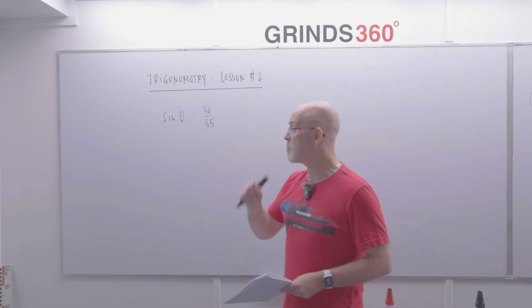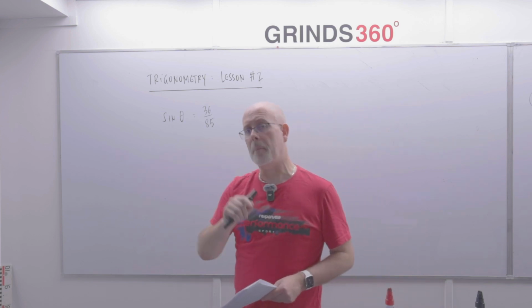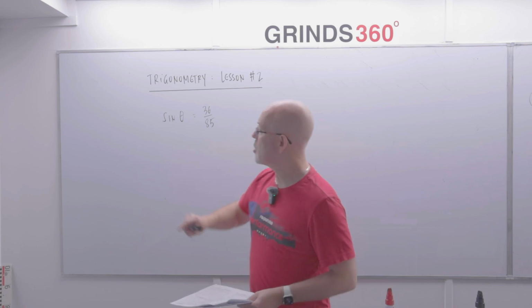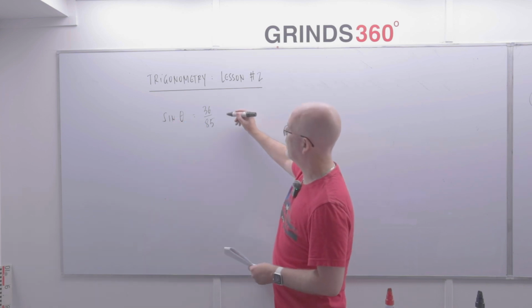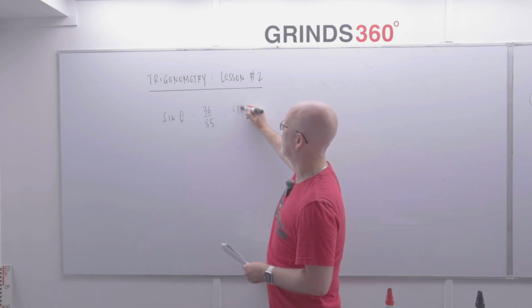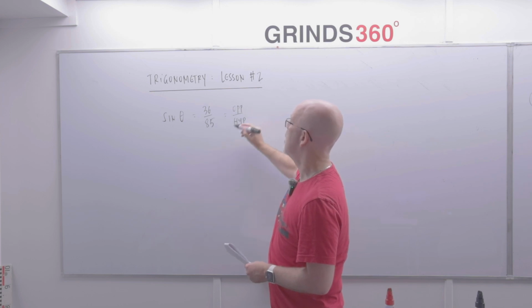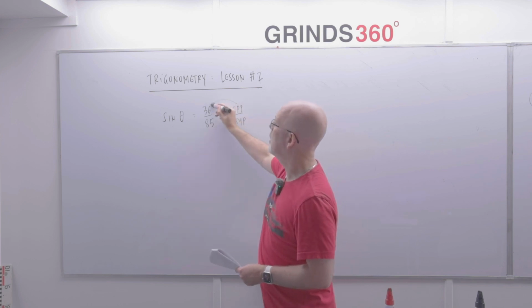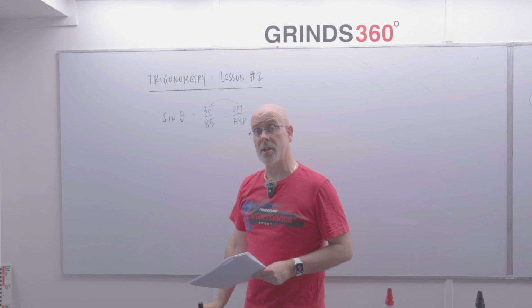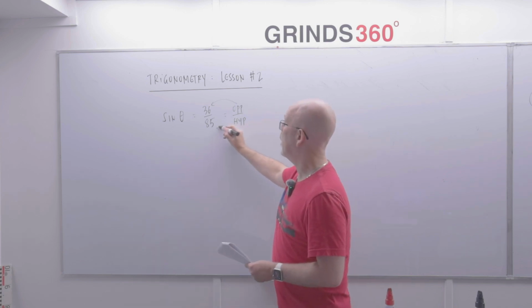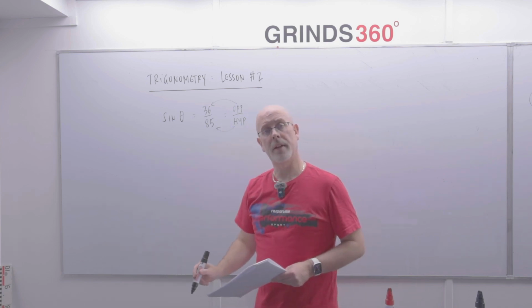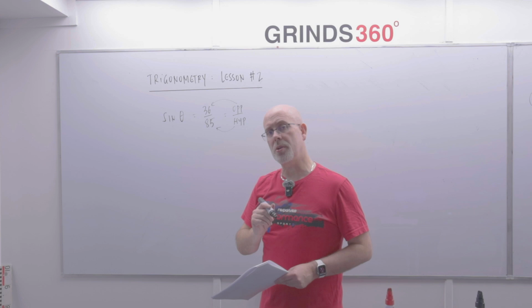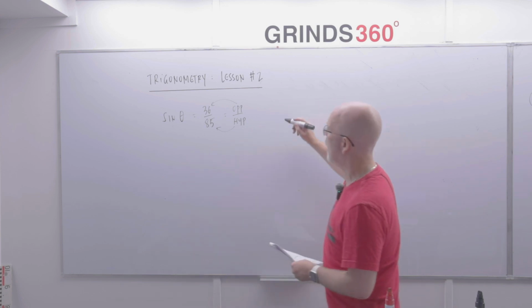Well, the idea here is, remember what sine is. Sine is opposite over hypotenuse. So if sine is 36 over 85, that's going to be equal to opposite over hypotenuse, because that's what sine means. So that's telling me that in this right angle triangle, the opposite is 36 and the hypotenuse is 85. So I've got two sides of the triangle. What does the triangle look like?